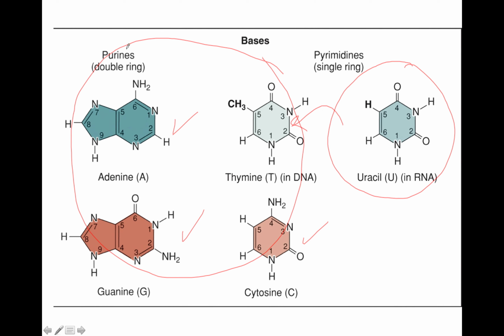Okay, 2 different types of bases, purines and pyrimidines. And the way I like to remember it is the short name has the big bases, 2 ring structures, and the big name has the smaller bases with a single ring structure in them.